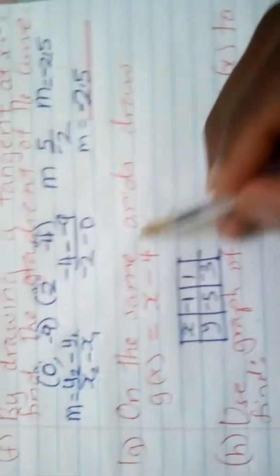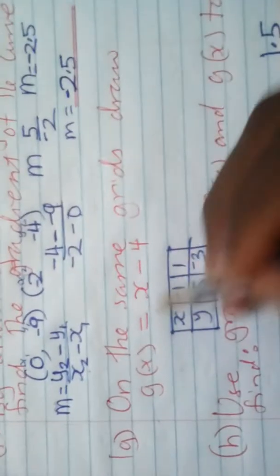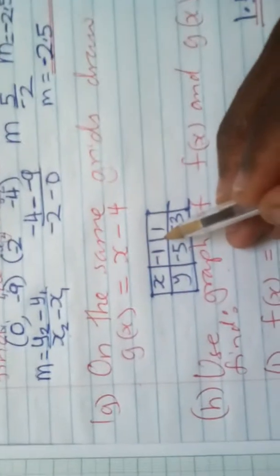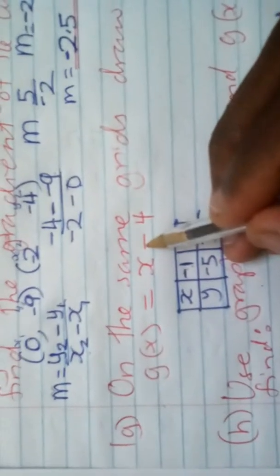So another question could be, on the same grid, draw another graph. Now, if we are drawing another graph, meaning we have to create a small table of values, but we have to use x readings that are existing on our graph. So if I take any value, could be -1 and +1, I substitute here -1 plus -4, I get -5.